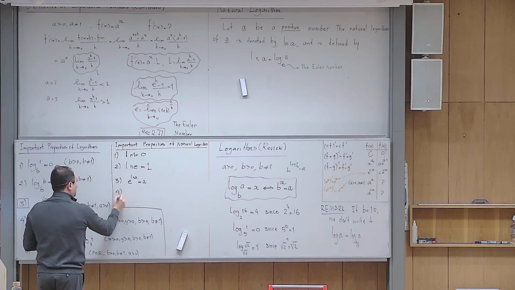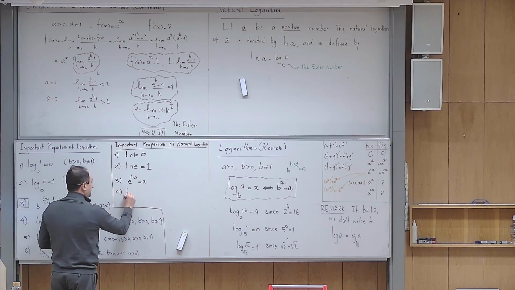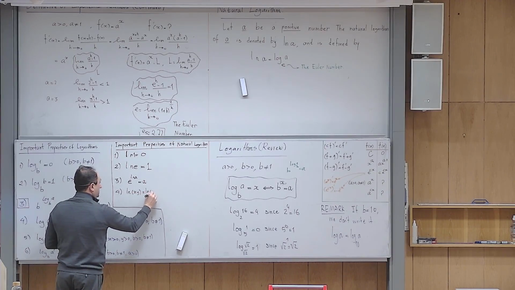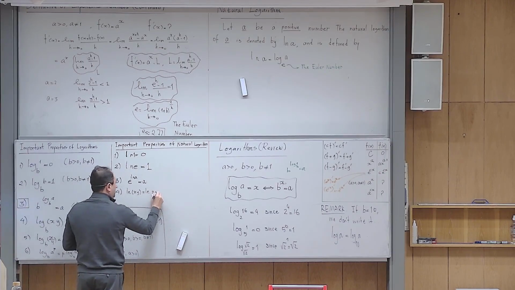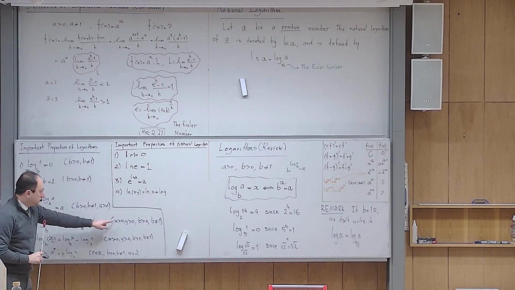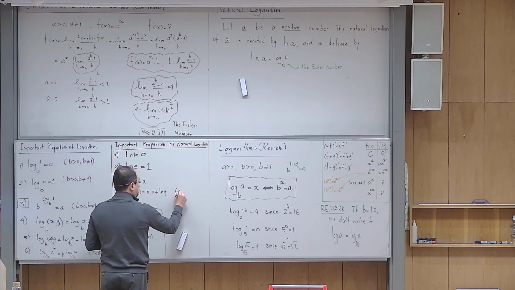So number 4, how will this formula read? Again, I change b to e. So this becomes ln of xy is equal to ln of x, where you usually don't put brackets, plus ln of y. But still, I should have these conditions. It is extremely important, be careful: x and y should both be positive.